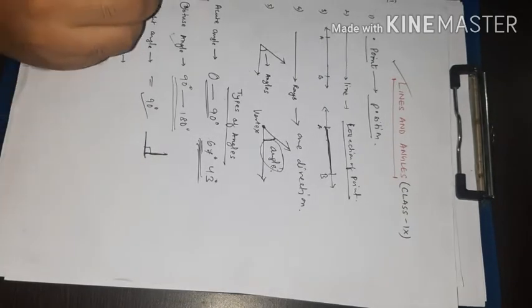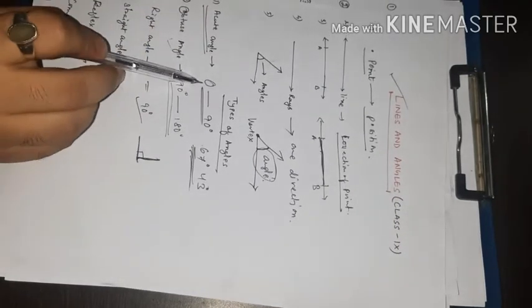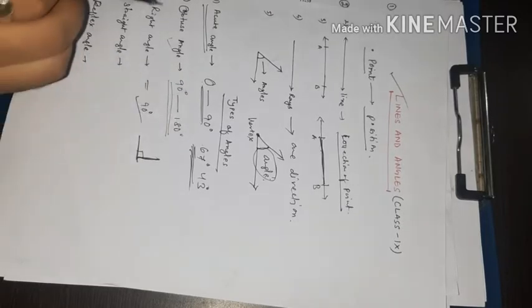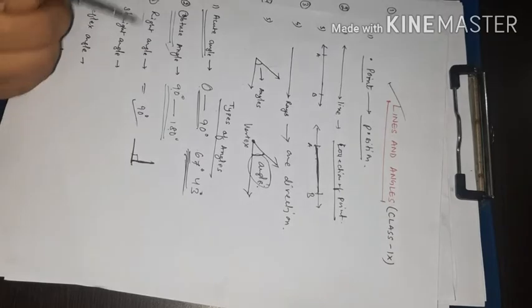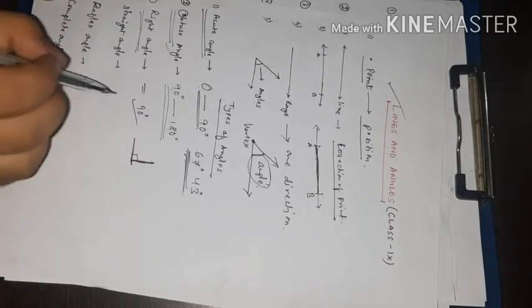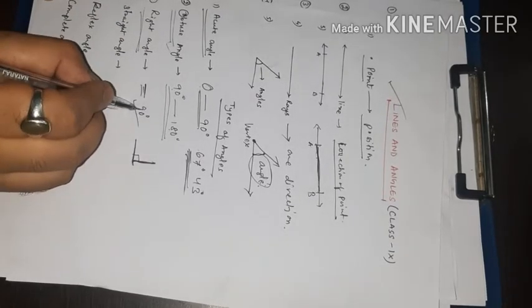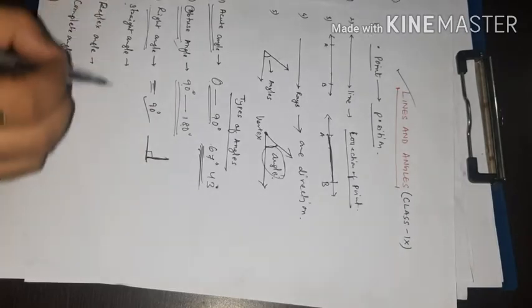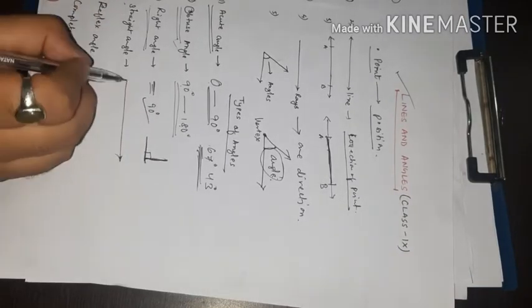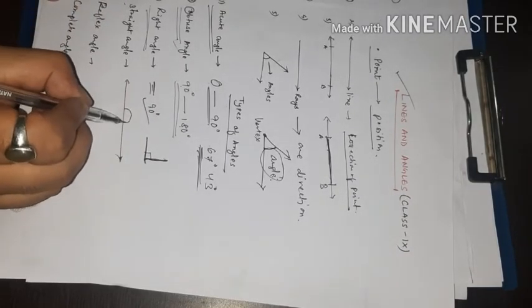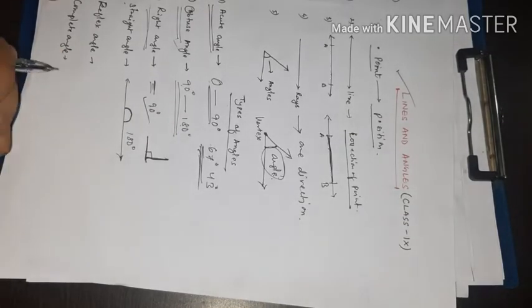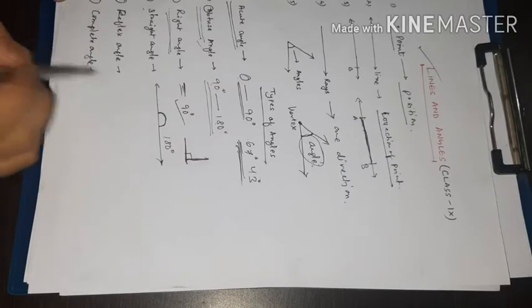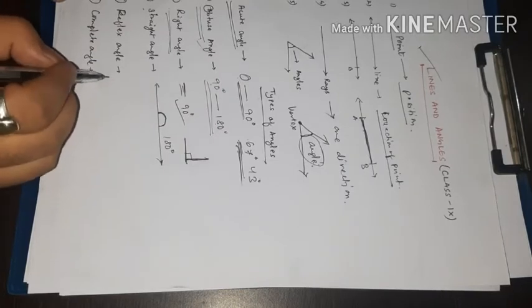So first, acute means it is between 0 and 90. Obtuse means it is between 90 and 180. And a right angle is exactly equal to 90 degrees. A straight angle means the angle that is equal to 180 degrees. In a line we always have 180 degrees. Another one is the reflex angle.